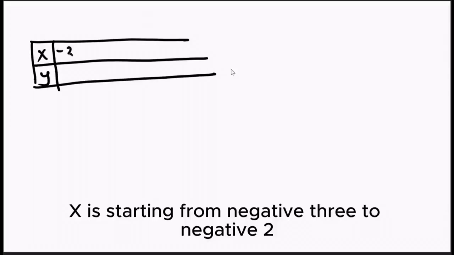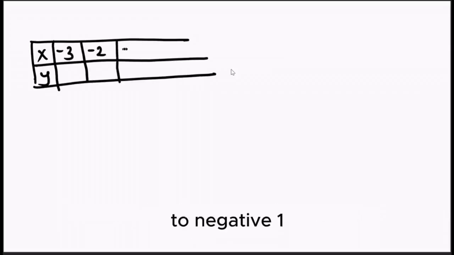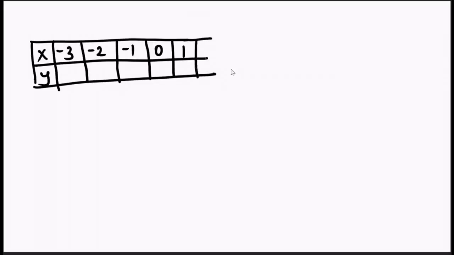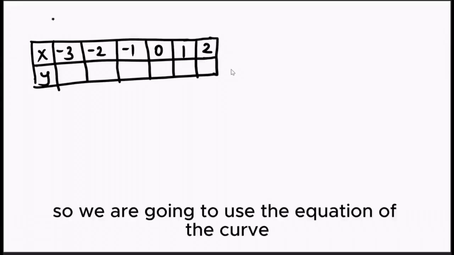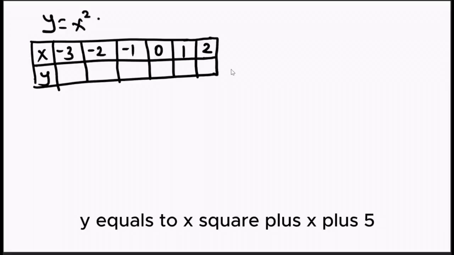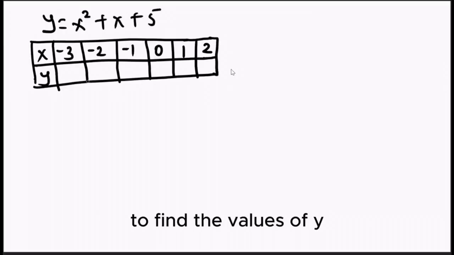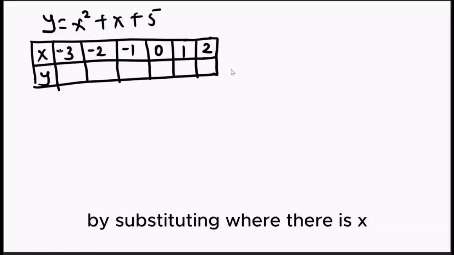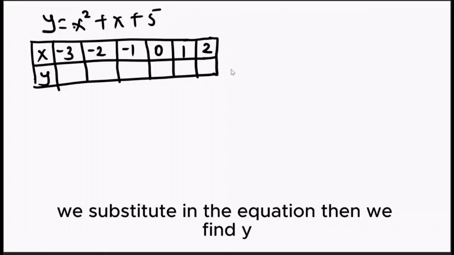X is starting from -3 to -2 to -1 to 0 to 1 up to 2. We are going to use the equation of the curve y equals x squared plus x plus 5 to find the values of y. By substituting where there is x in the equation, we find y.